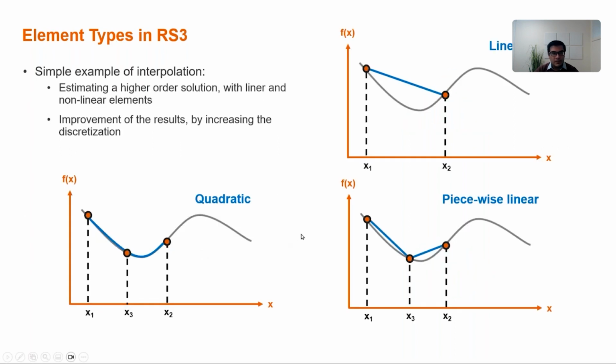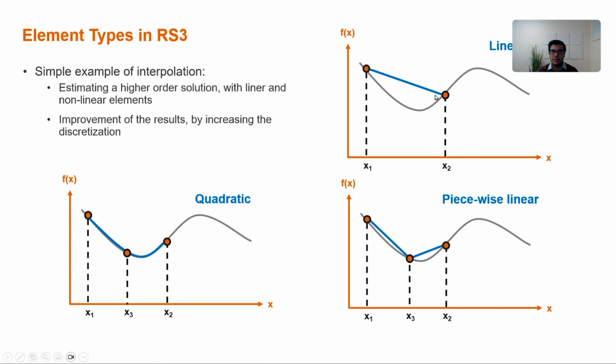To understand the difference between these two, let's go to a very basic example. Imagine we have a higher order solution and we want to interpolate that using linear elements and quadratic elements. Linear elements only need two nodes, let's say located at x1 and x2.